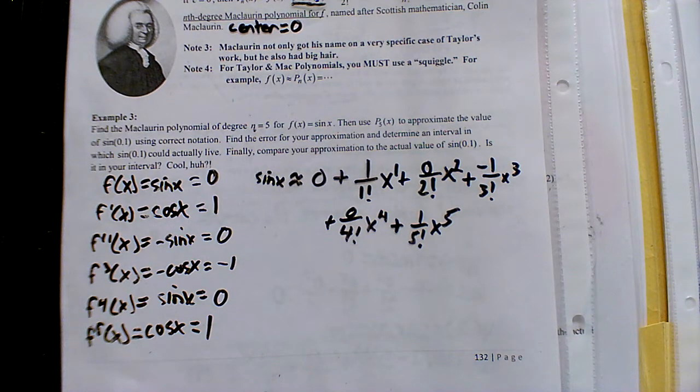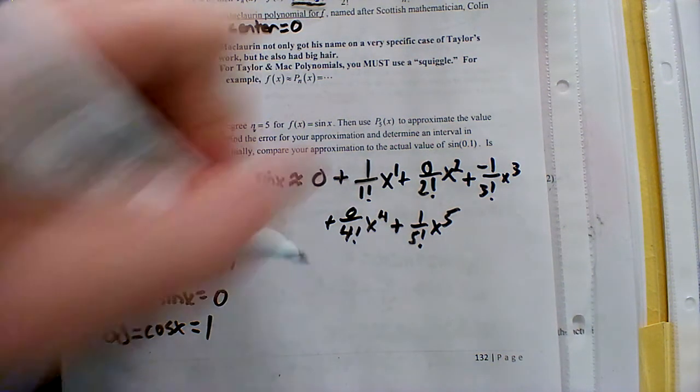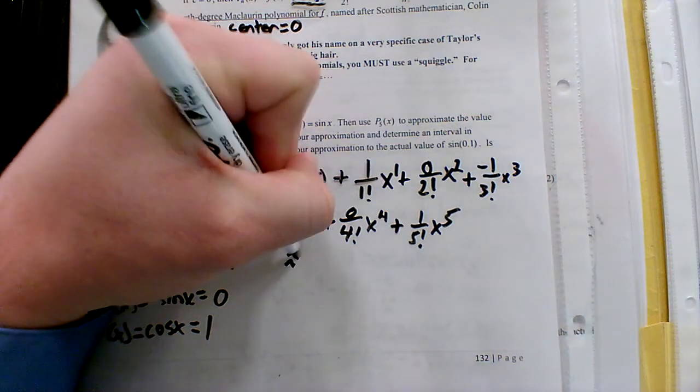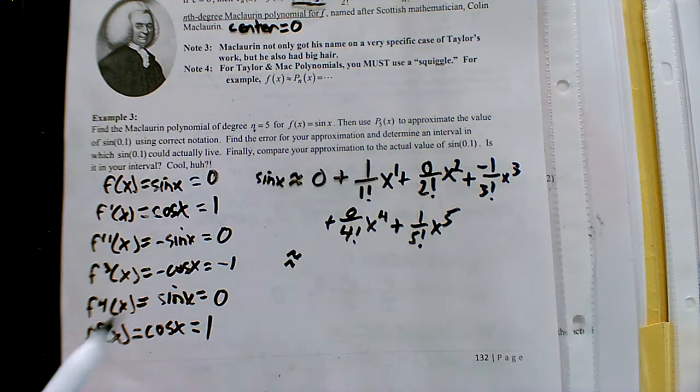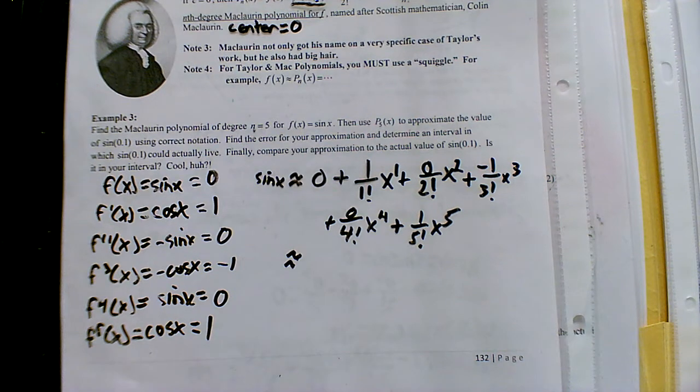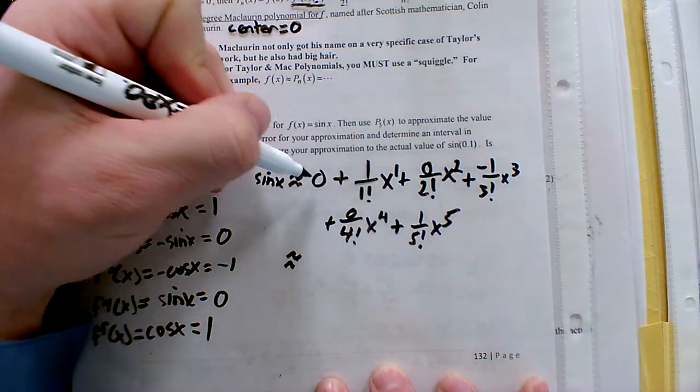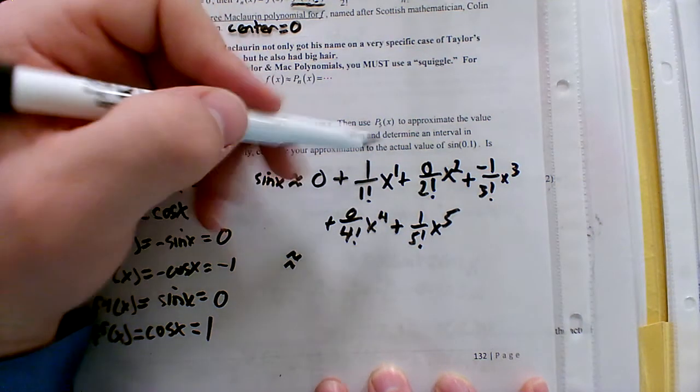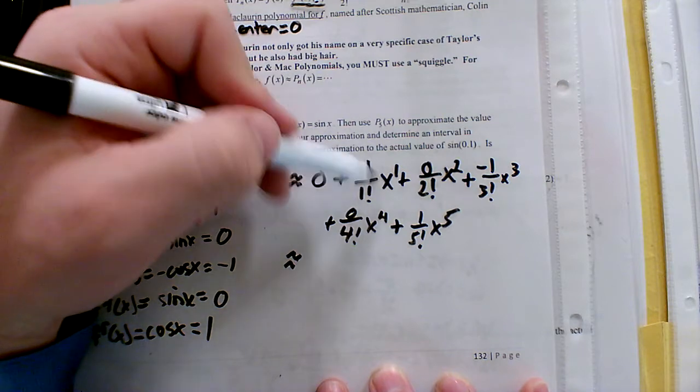Again, they told us to use a polynomial of degree 5, so up to the 5th derivative, so we're using up to the 5th derivative here. Now, this will simplify a little bit. We're going to have a few terms that go away, right? I mean, we have 0 here times anything is 0. 0 here times anything is 0. This is a 0 to begin with. So we have this first term.